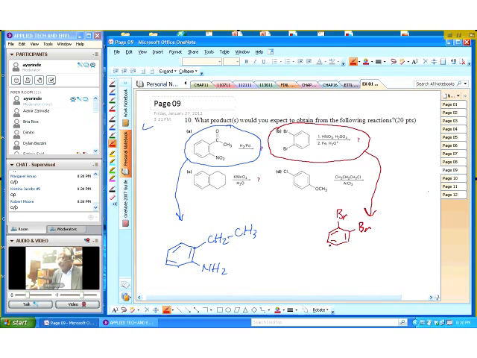Because this is ortho para director, we will expect to get para to this here. It will be just nitration. If we get para to this, it will be the same product because this is a symmetrical molecule. And the other product we are going to get will be the ortho product. We also obtain this. The bromine is here, another bromine here. Now we're going to have the nitro group ortho to.